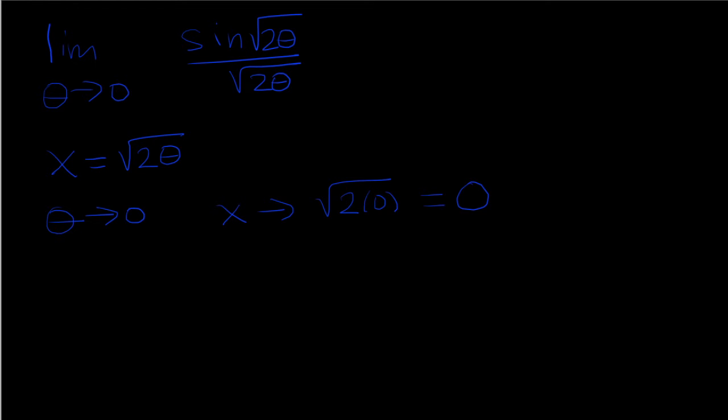So I'm going to make the substitution. Instead of saying limit as theta goes to 0, I'm going to say that x approaches 0. And now I'm going to replace sine square root 2 theta with sine x, and the bottom is also x. And we know that the limit as x approaches 0 of sine x over x is just 1.